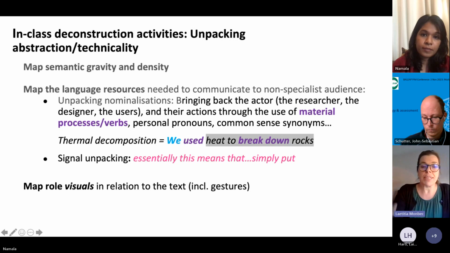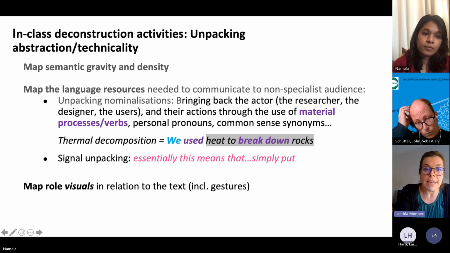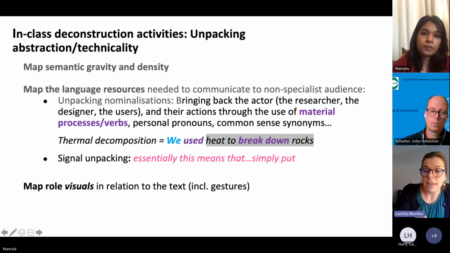The texts they would analyze would first be framed within this, and then within those broad frameworks, they would look into more detailed multimodal combinations of strategies in relation to technicality. So, Semantic Gravity and language resources.